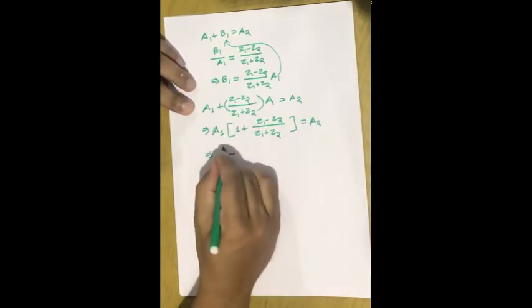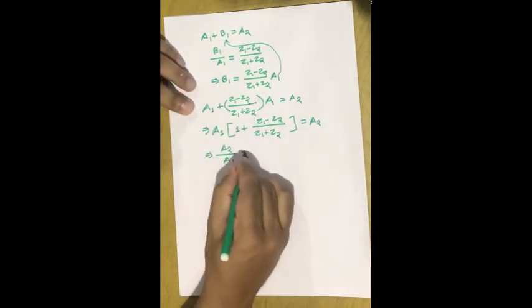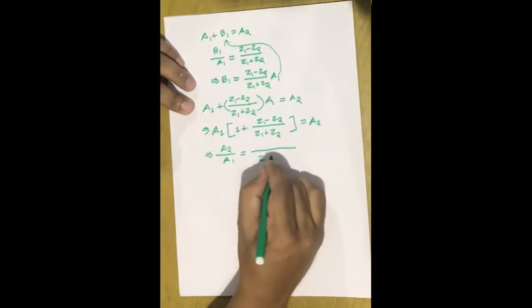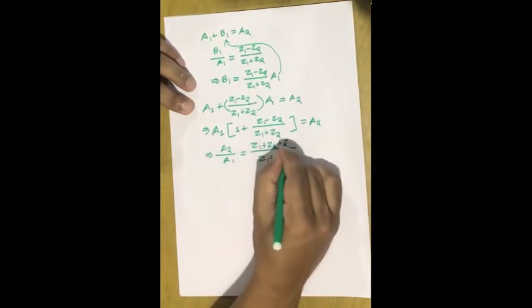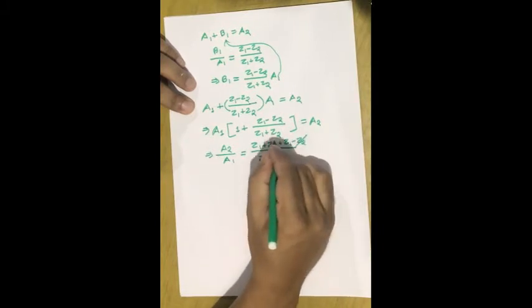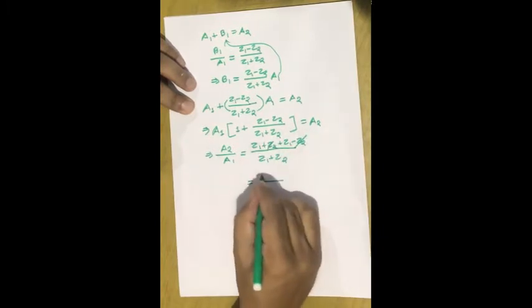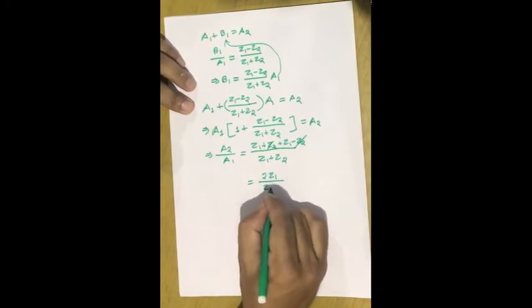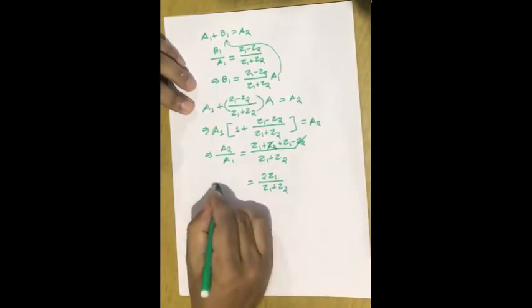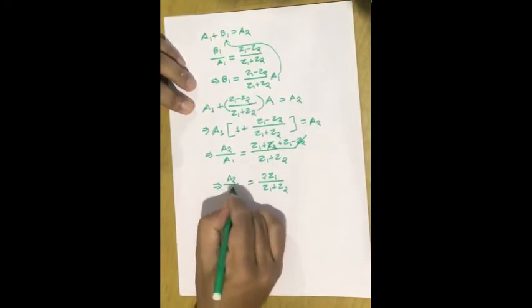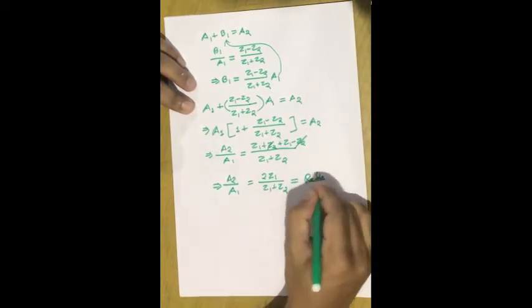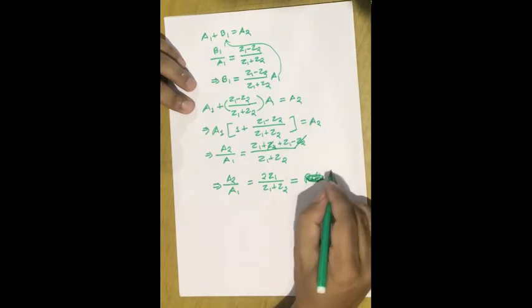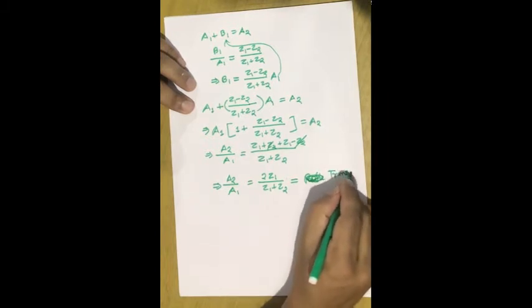Therefore, A2 over A1 is equal to how much? It will be Z1 plus Z2 plus Z1 minus Z2 over Z1 plus Z2. Z2 cancels out. We get 2Z1 divided by Z1 plus Z2. So A2 by A1 is our transmission coefficient.